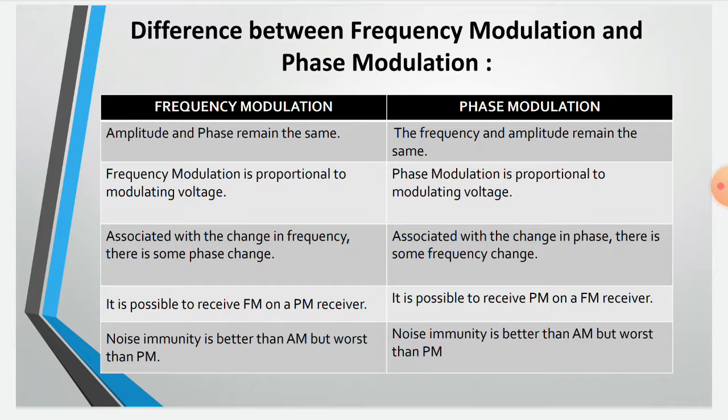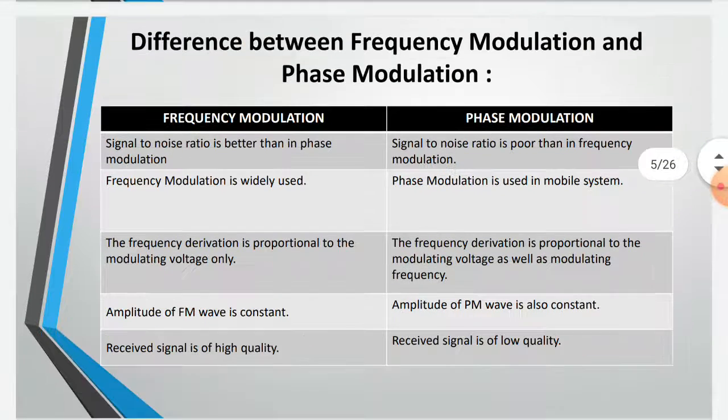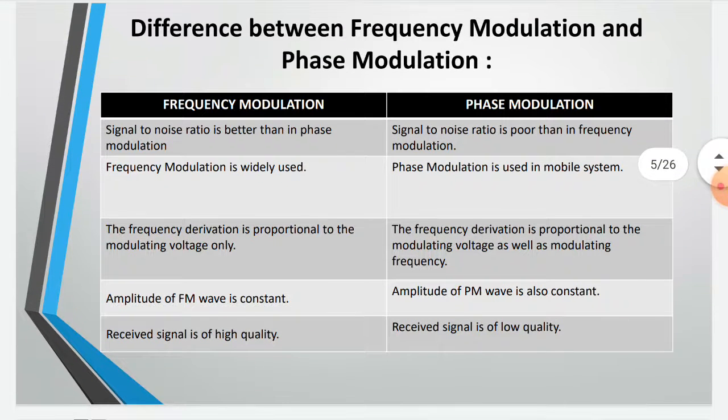That is for both frequency modulation and phase modulation. For frequency modulation, signal to noise ratio is better than in phase modulation. For phase modulation, signal to noise ratio is poorer than frequency modulation. Frequency modulation is widely used. Phase modulation is used in mobile systems.